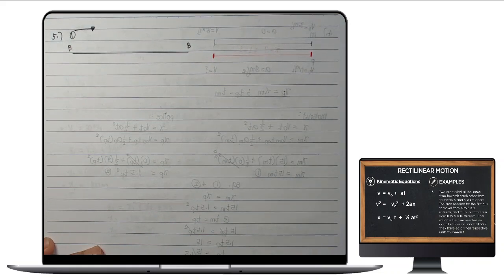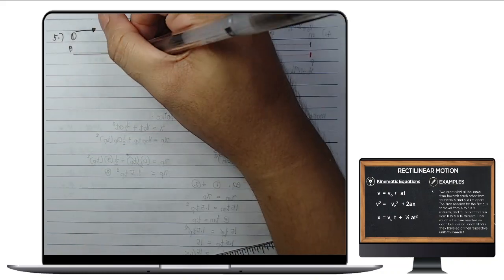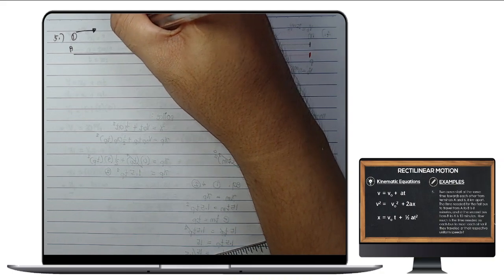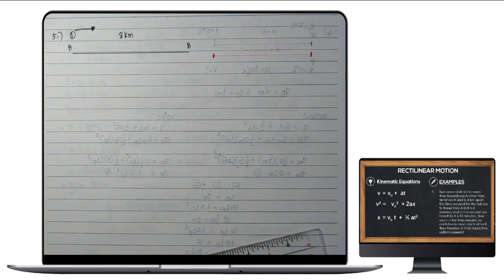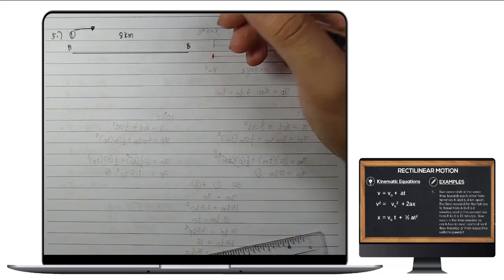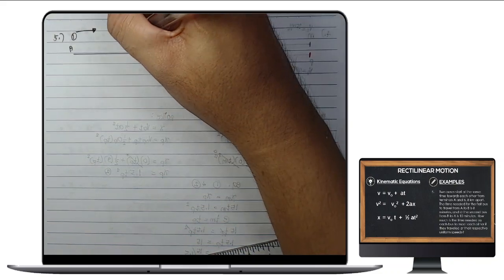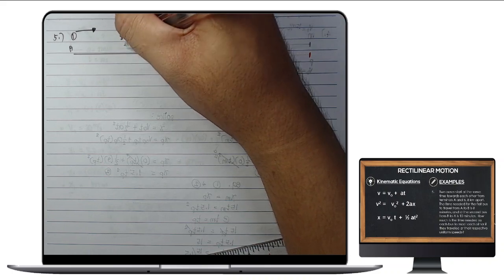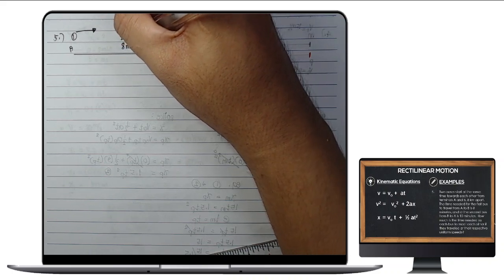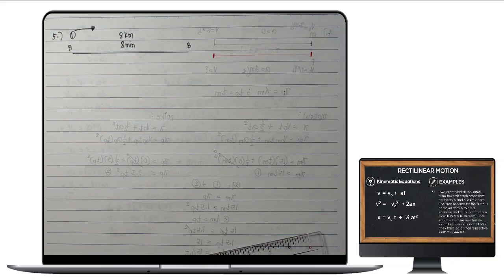So as stated, bus 1, since points A to B, the distance between A and B is 8 kilometers. Then for bus 1 to travel from A to B, it needs 8 minutes.